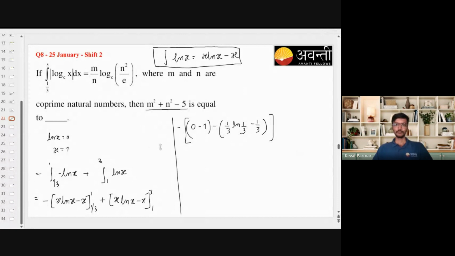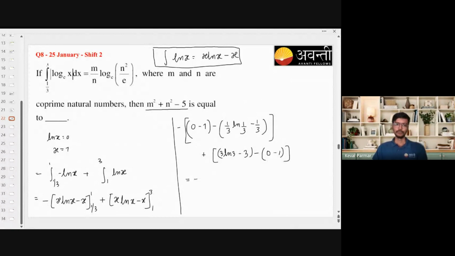I hope I didn't make a mistake. Okay, let's check it again. If I put 1 minus 1, okay, yes, it's fine. Plus here 3 ln 3 minus 3 minus lower limit, which will be 0 minus 1.